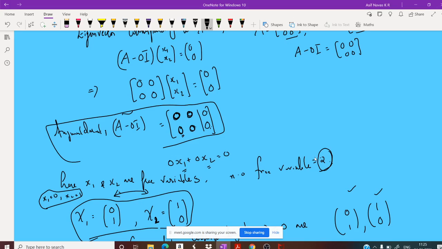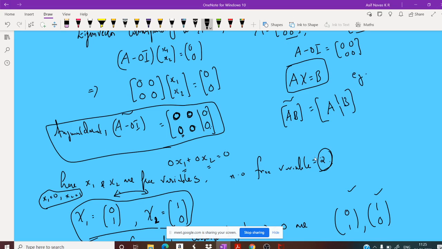Augmented matrix means if you have a linear system Ax equal to B, then the augmented matrix AB is in this form: you write A here, draw a line, and you write B. For example, if you have a system like [1 2; 0 2] times [x1; x2] equal to [1; 2], then we can write the augmented matrix AB as 1 2, 0 2, and then you write down this column 1 2.